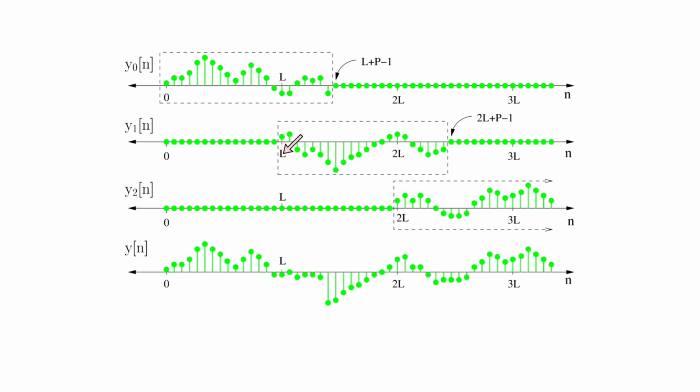This is the output of the convolution for window 1, and this is the output of the convolution for window 2. And importantly, although window 1 ends at sample L-1, the output of the convolution still goes on for a little bit. And that overlaps with that, okay?